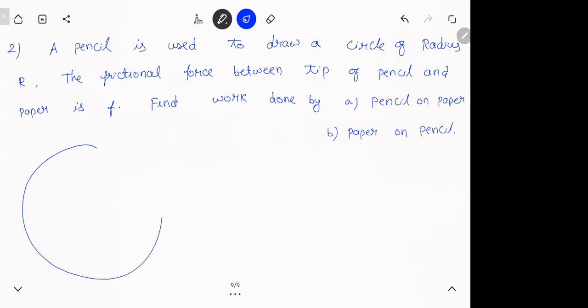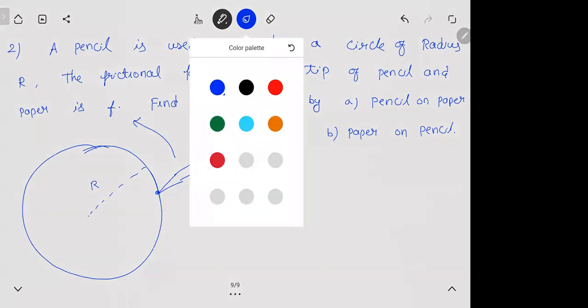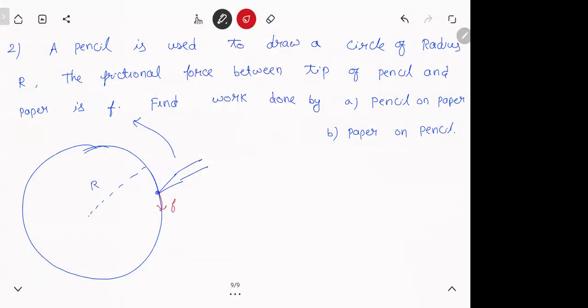Meaning you're drawing a circle like this with a pencil. Okay, you're drawing this way. Circle का radius is r. So how will the friction be on the pencil? Like this, opposite. This is a friction on the pencil due to paper, because it will be opposite to your motion.